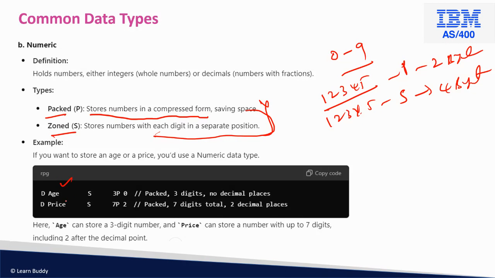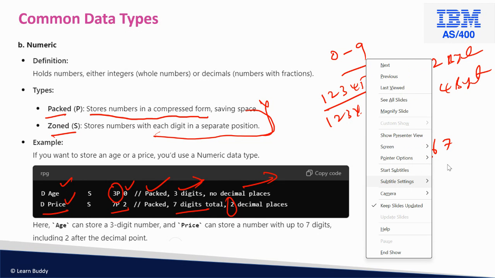Here you can see age and price. For age we use 3P0. It is packed with 3 digits and no decimal places. For price we have 7P2, which is 7 digits with 2 decimal places. In this case, what would the value be? 1 2 3 4 5 6 7. Since you have 2 decimal places, the point will be here.